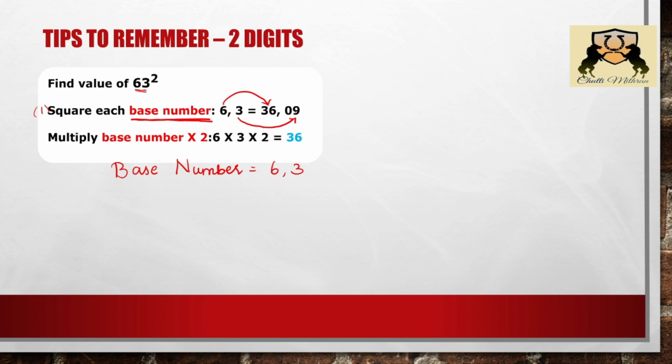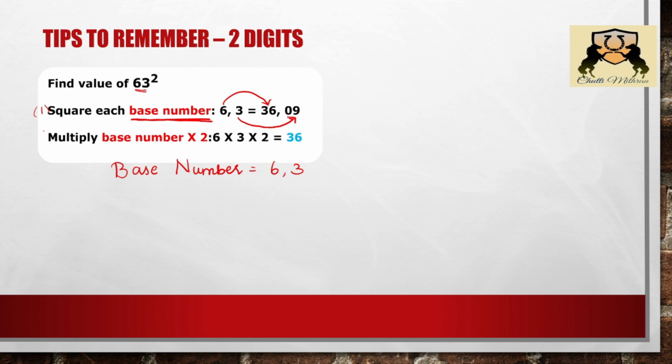We know that 3 squared is 9, but why have I added a 0 before 9? You might have a question. Well, when we square a two-digit number, we always want to have a two-digit number as our answer. That is why I'm adding a 0 before 9.